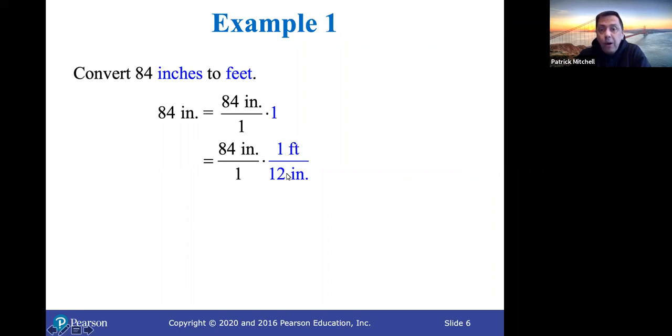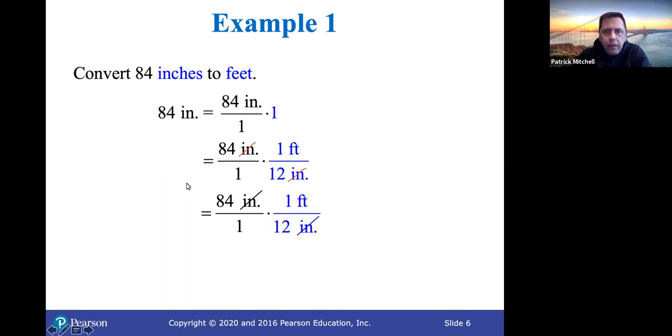Now the reason I know to do it like this and not the other way around, 12 inches divided by 1 foot, is because I want the inches to drop out. So what's going to happen when I multiply 84 inches by 1 foot divided by 12 inches is that the inches are going to cancel.